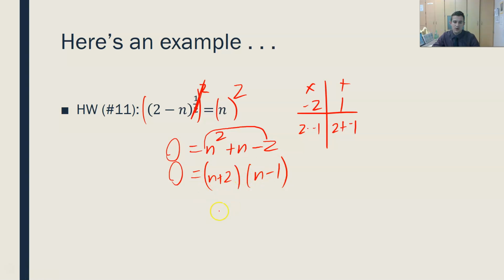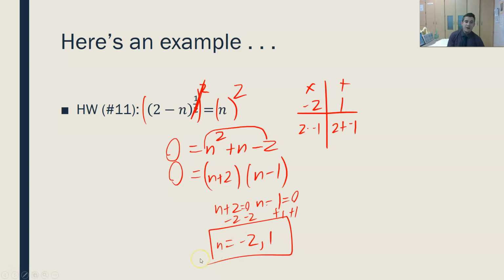If I set each of these factors equal to 0, because they're being multiplied together and set equal to 0, I end up with the solutions n equals negative 2 and 1. Well, that's all fine and dandy. Those might be my solutions, negative 2 and 1. But let's double check that when I put these back in here, that's actually going to work.